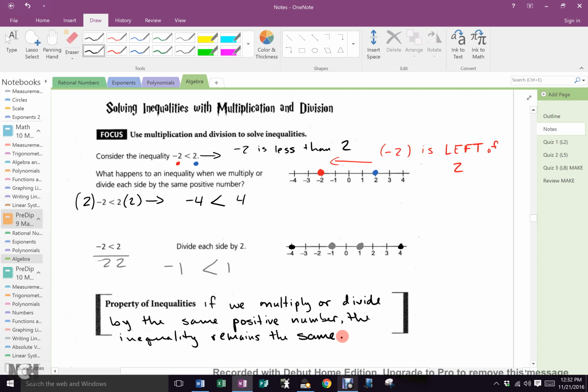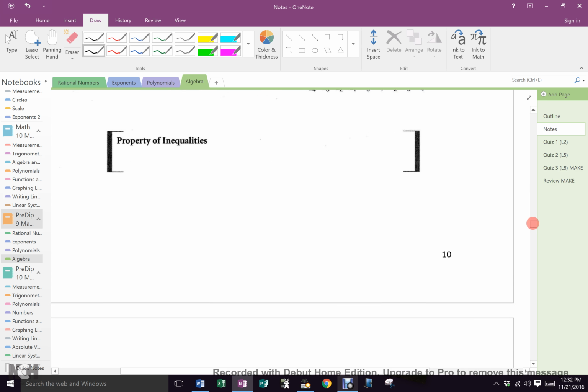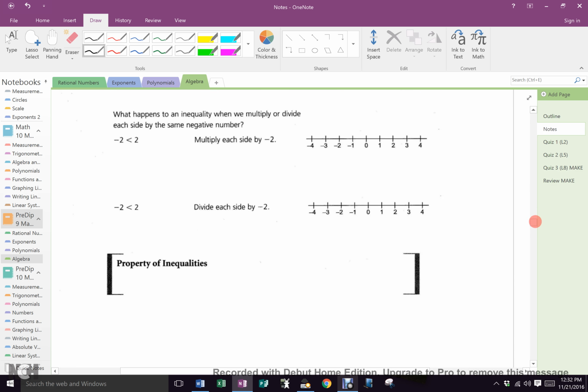The inequality remains the same, just like the song. Led Zeppelin, the song remains the same. Alright, easy peasy lemon squeezy. Is Led Zeppelin a band? Yes.